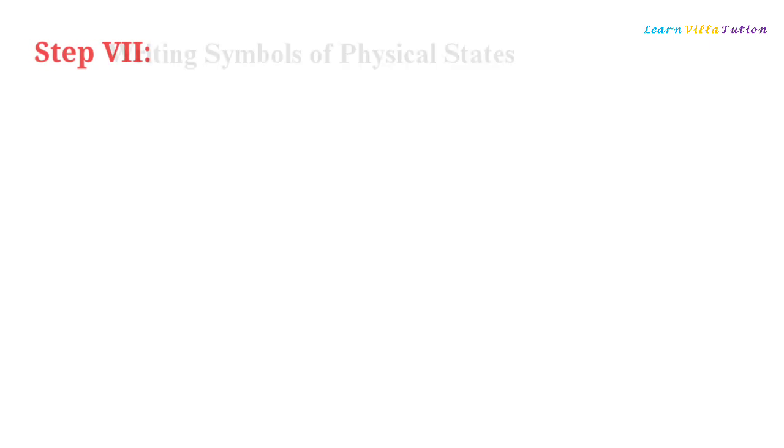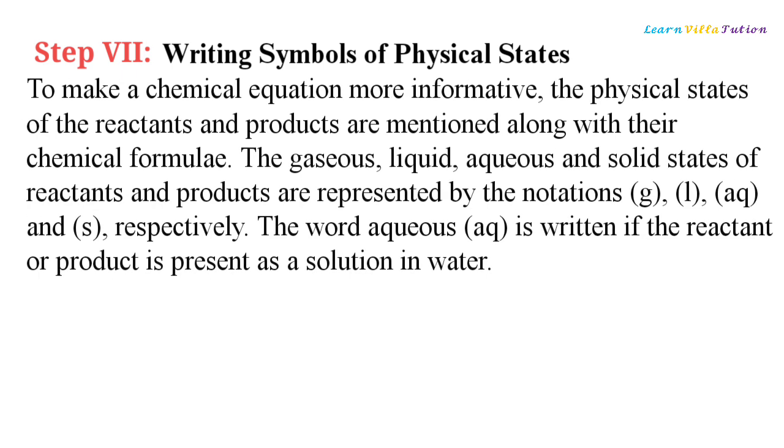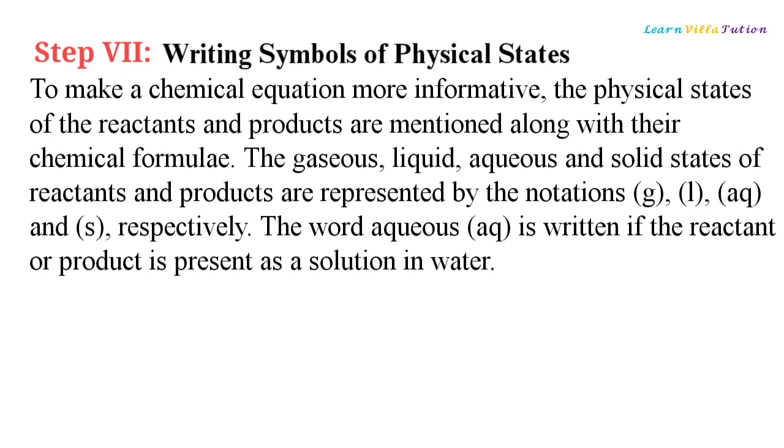Step 7th: Writing symbols of physical states. To make a chemical equation more informative, the physical states of the reactants and products are mentioned along with their chemical formulae. The gaseous, liquid, aqueous and solid states of reactants and products are represented by the notations g, l, aq, and s, respectively.